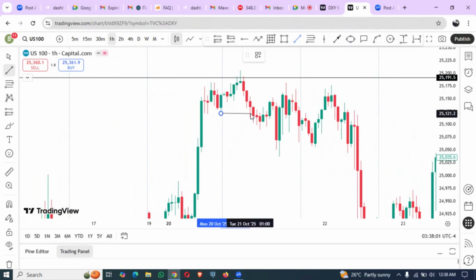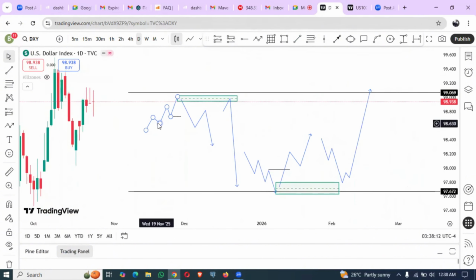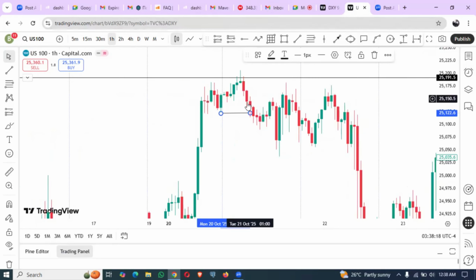So we had this impulsive push, came up for the correction, impulse again. That's it: impulse, correction, and then this impulsive push, correction, impulse.